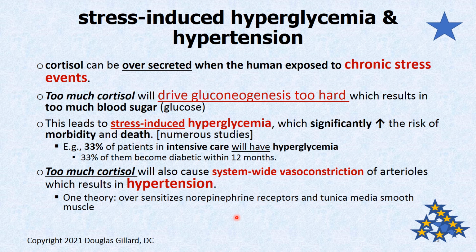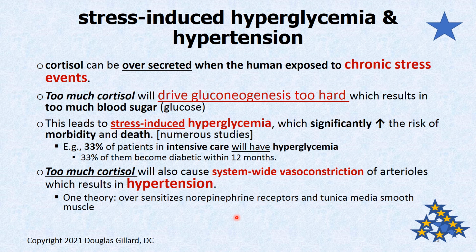That's not good. That increases the risk of morbidity and death. In fact, 33% of patients in intensive care typically have hyperglycemia from stress-driven excess cortisol, and if something's not done, a lot of them become diabetic.